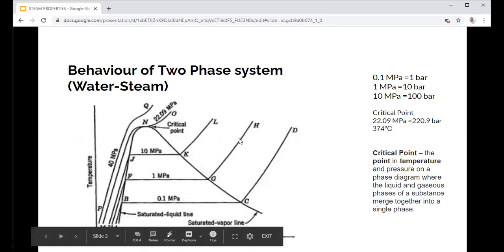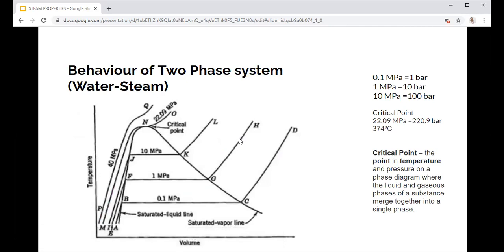The typical problems are that you need to find the specific enthalpy, specific volume, specific entropy or boiling point at the given pressure. So I have taken some representative pressures for the problem solving. One is the pressure of 0.1 megapascal, the other is 1 megapascal, third is 10 megapascal, and finally the critical pressure of 22 megapascals.